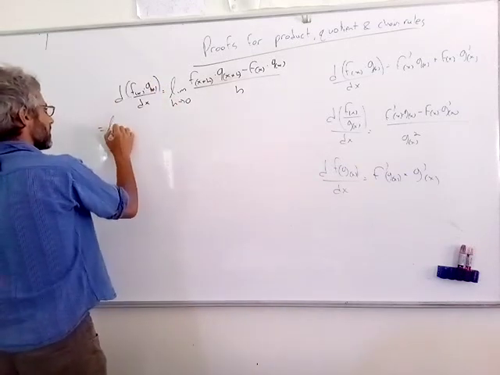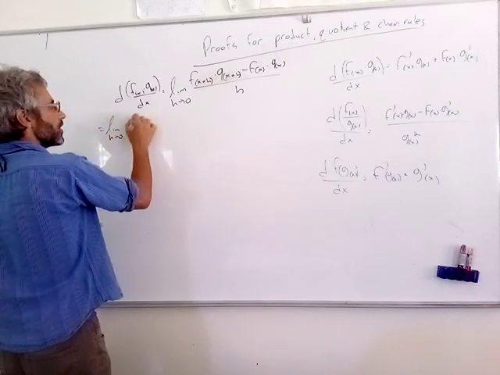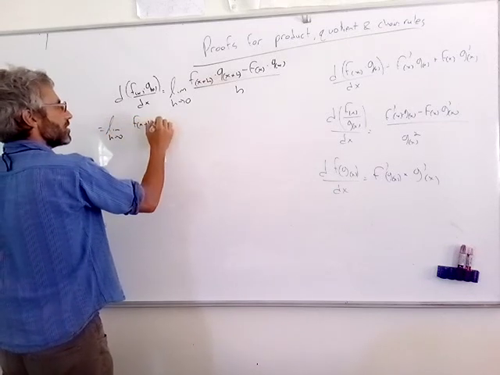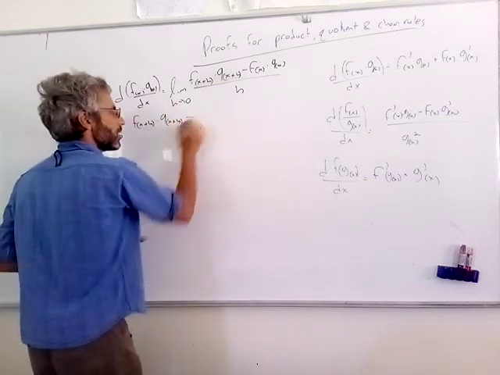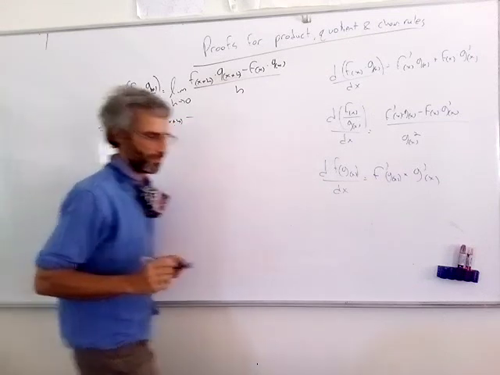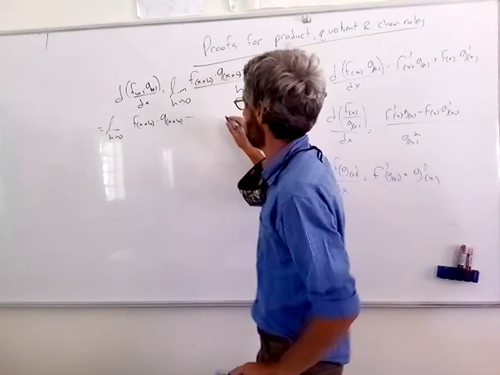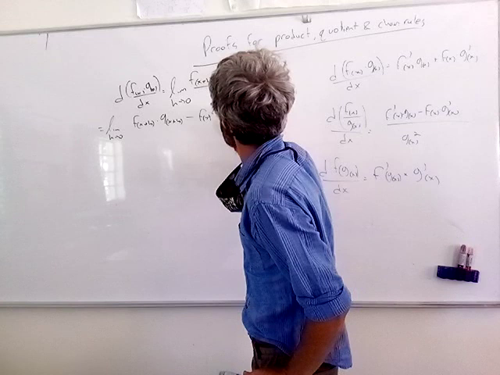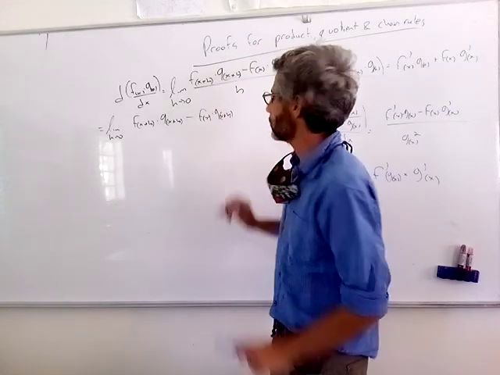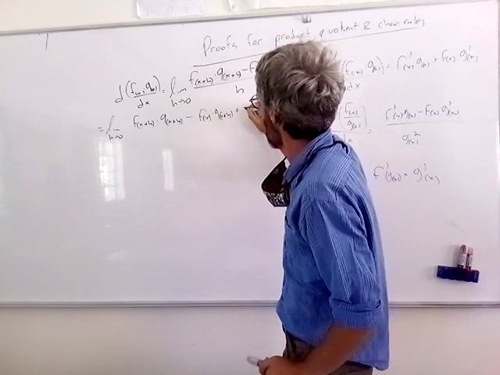We're going to do the same thing, limit h approaches 0. We're going to write f(x+h) times g(x+h), that first term. But now we're going to introduce an artificial term. We're going to say minus f(x) times g(x+h), just a made up term. So if I'm subtracting here, I must also add it.